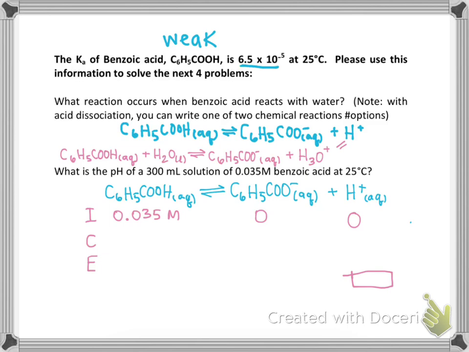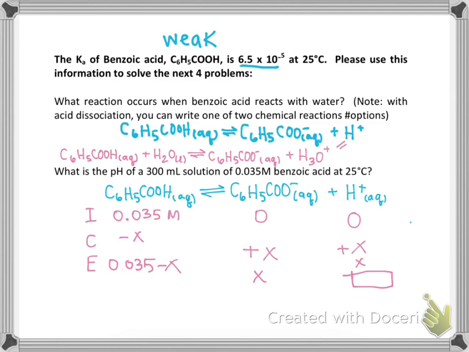And so we're going to add to the side where we have nothing, and subtract from the side that we actually do have something. And so for our equilibrium value, the benzoate, the value is just going to be X. And for the protons, it's just going to be X.